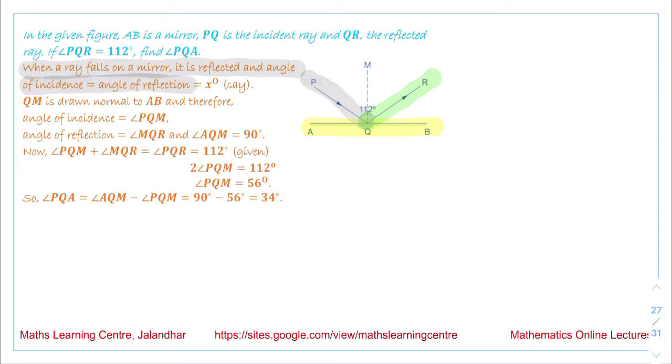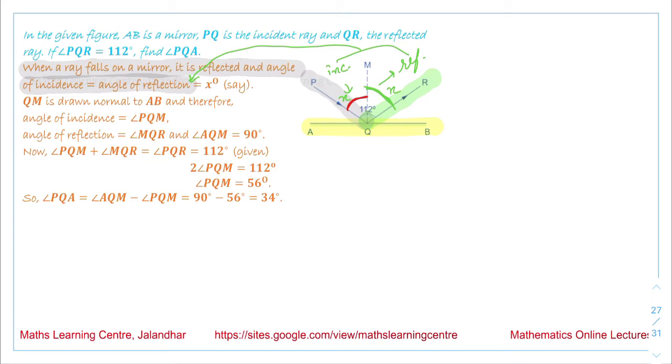The angle of reflection is MQR, and the angle of incidence is PQM. Both these angles are equal, and suppose they are equal to x.